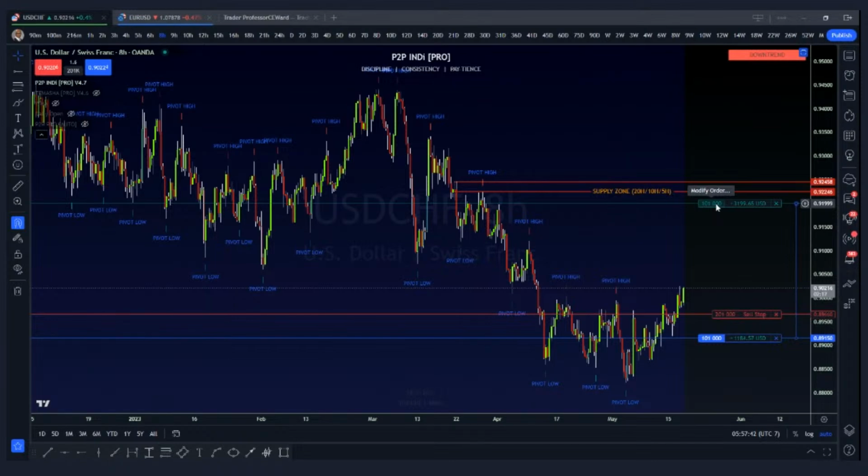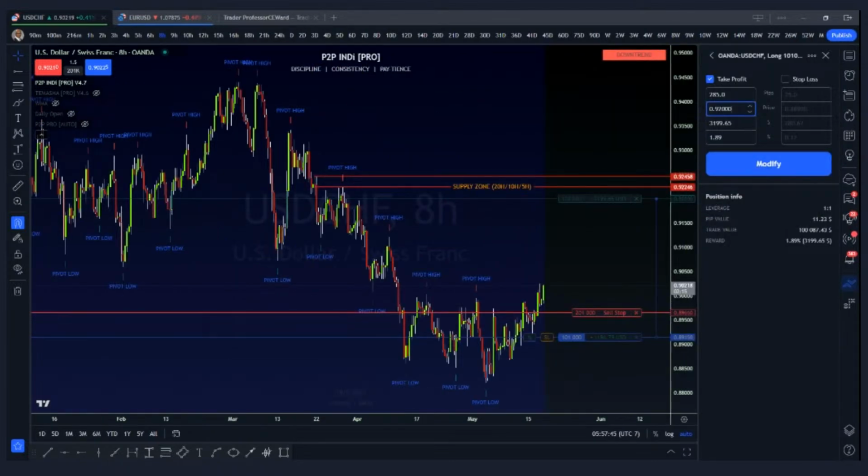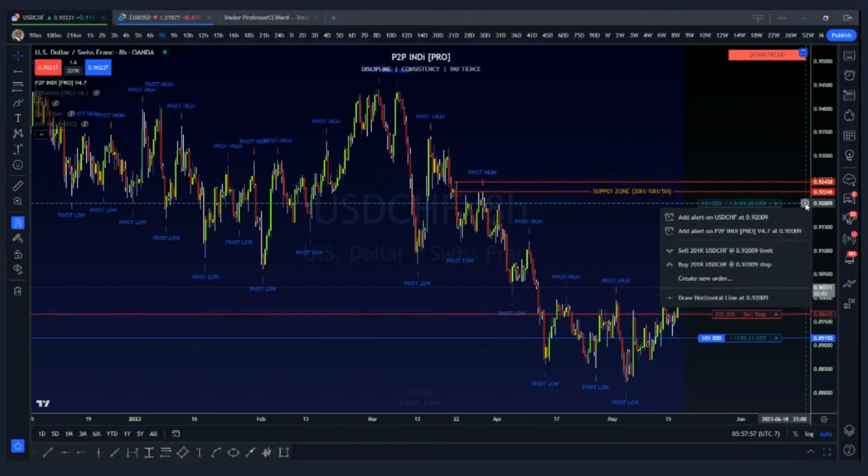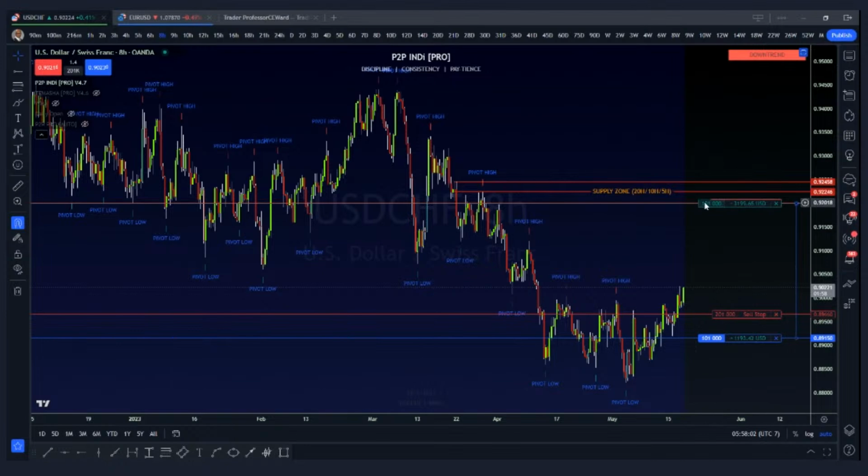All right, so let me do that. Oh, that's a TP. That's why. $92. Yeah, I need to do this the same. So let's get rid of this.